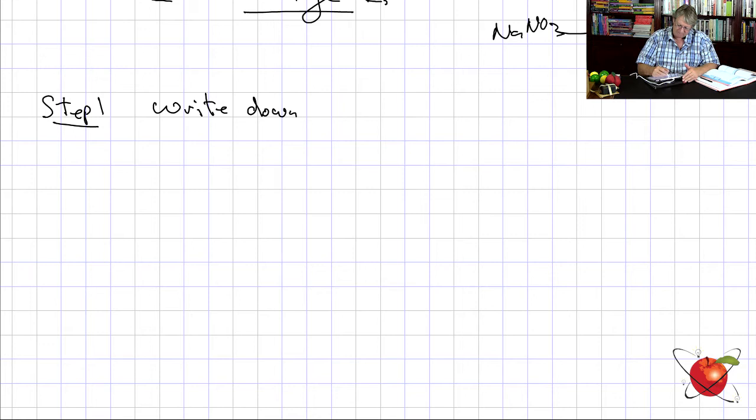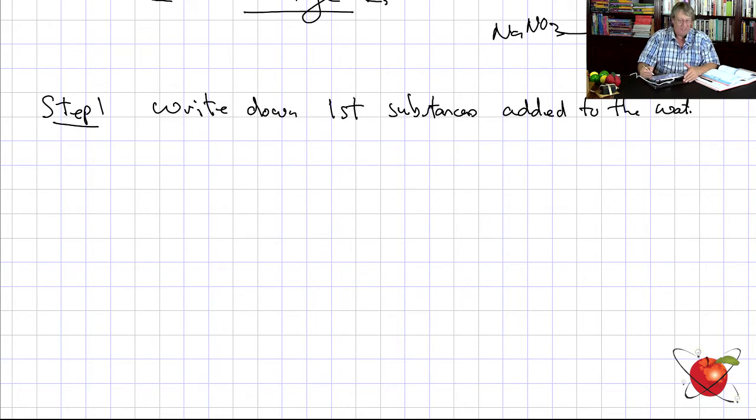Write down the first substances added to the water. Okay?